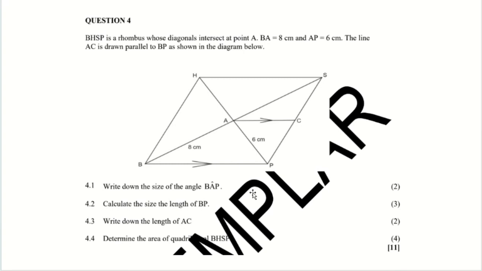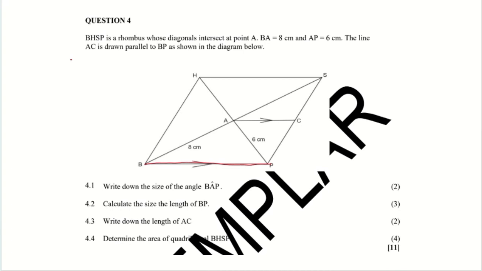Okay, so now let's move on to question 4.2. 4.2 says calculate the length of BP. Now let's check where BP is on our diagram. So when we check on our diagram, BP is that line that I've indicated with a red line, right?